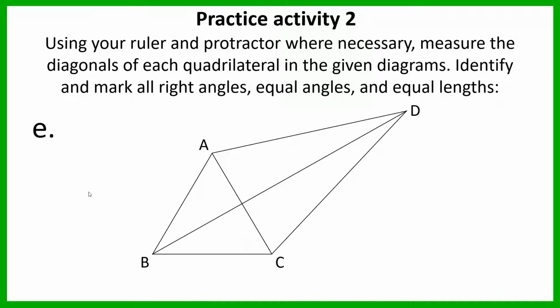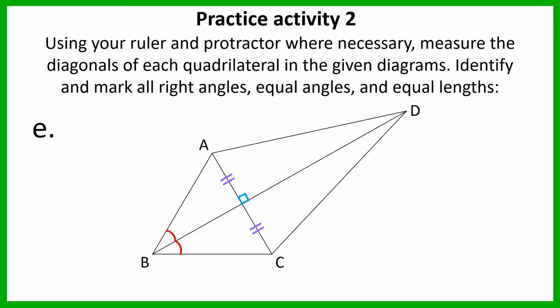Okay, so for the kite, you should have found that these 2 lines are equal, but this diagonal is not being bisected. So this diagonal bisects that diagonal, but not the other way around. And the 2 diagonals intersect at 90 degrees. They are perpendicular to each other.